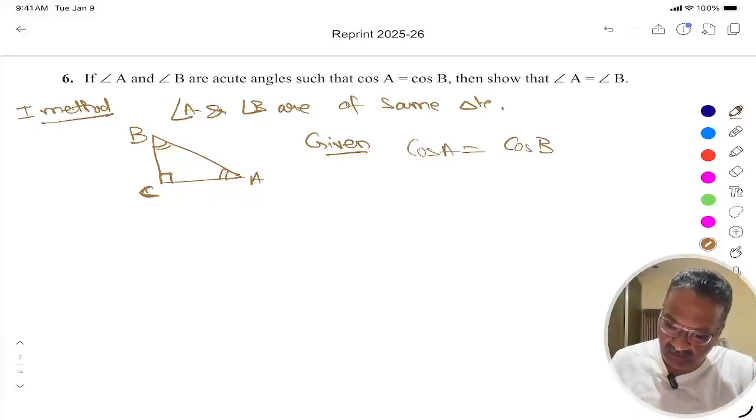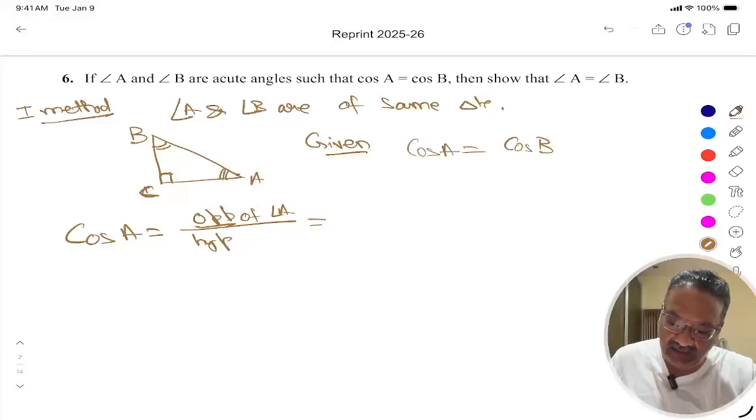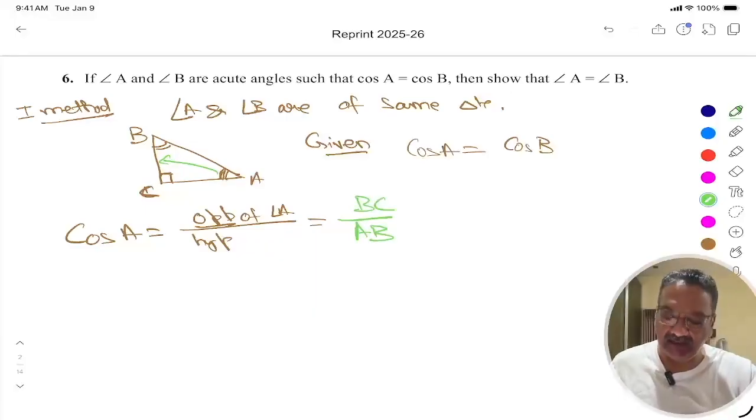OK, so let us see. What is cos A? Cos of A is equal to adjacent by hypotenuse. Opposite of angle A, so this is the opposite of angle A, will be this one. So BC by hypotenuse AB. Similarly, what will cos B be?